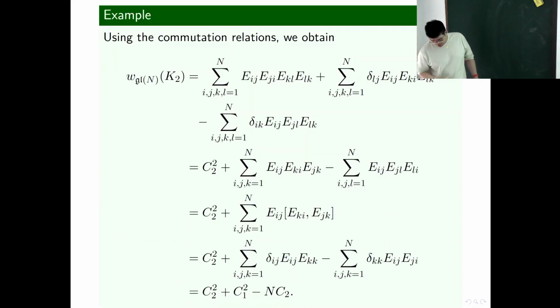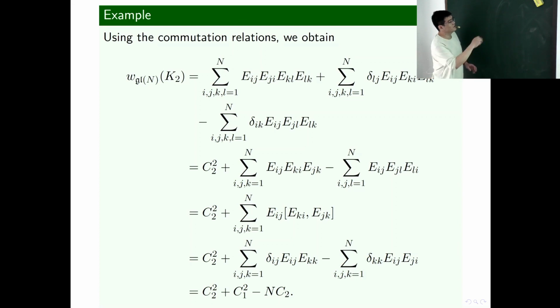And we are trying to figure out how to connect the formula to the Casimir elements. First, you swap the middle two elements and apply the Lie bracket, and go on and go on. You finally get this polynomial C2 squared plus C1 squared minus n C2.